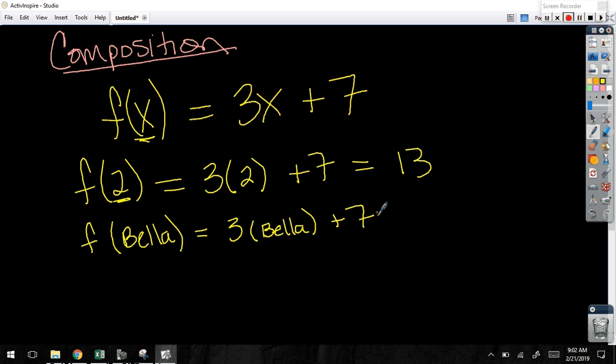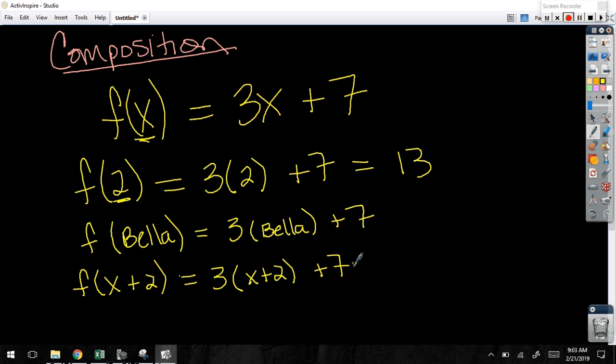Whatever is there is what is replacing the x. What if it was f of x plus 2? Then this becomes 3 times x plus 2 plus 7, which is 3x plus 6 plus 7, which is 3x plus 13.